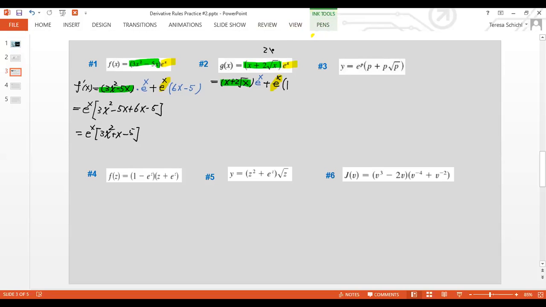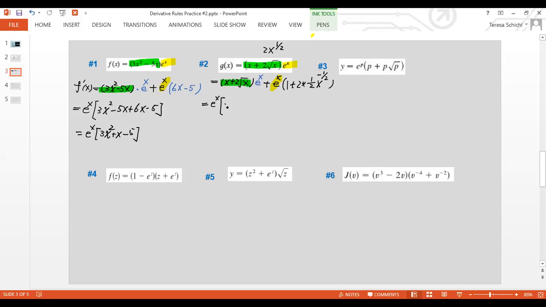So what is this? This is 2 times x to the 1/2, right? So you use the power rule, it will be 1 plus 2 times 1/2. Now what is the exponent? It will be 1/2 minus 1, which gives you negative 1/2. Okay, so now in here, if you like, you can factor the e^x out also.